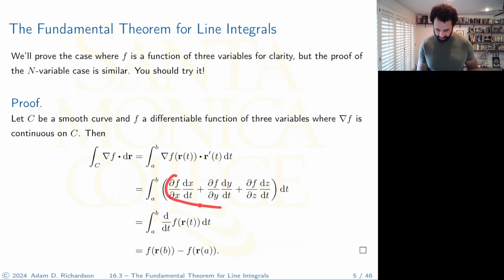So we can rewrite this whole thing as the derivative of f of r of t. Now we can employ the fundamental theorem of calculus for a single variable function, and we get this, FTC2 for single variable functions. Boom. And that was the result. So we showed that this line integral is equal to the difference of these two values.